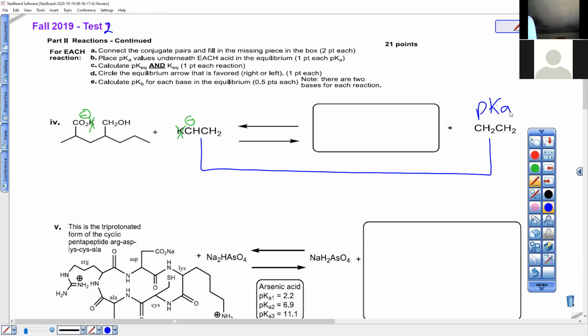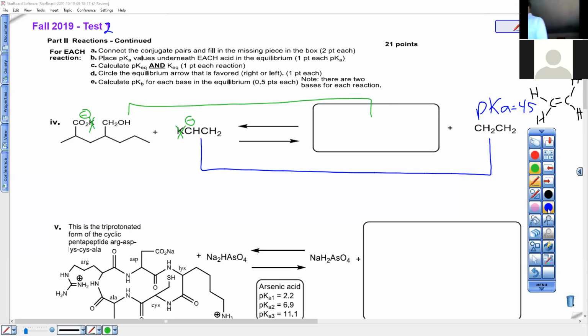If you put a 50 here, you're not thinking about the bonding in this molecule. This molecule is ethene, which is an alkene. Our second weakest acid on our table. Then the other pair must be this pair.